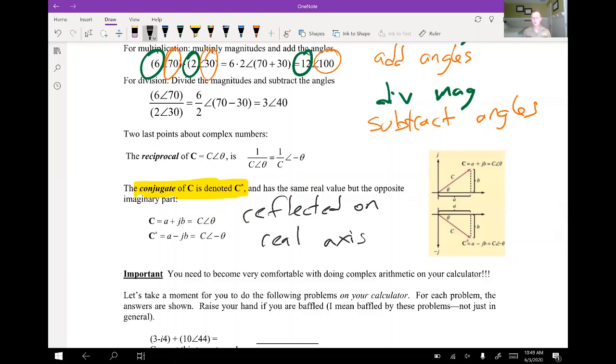So if I had a positive theta angle, well, the conjugate has a negative theta angle. Or if I had a positive A component, that positive A component in the rectangular stays the same, but my positive B now becomes a negative B. It's reflected on the real axis. It's denoted with an asterisk or a little star up by it.